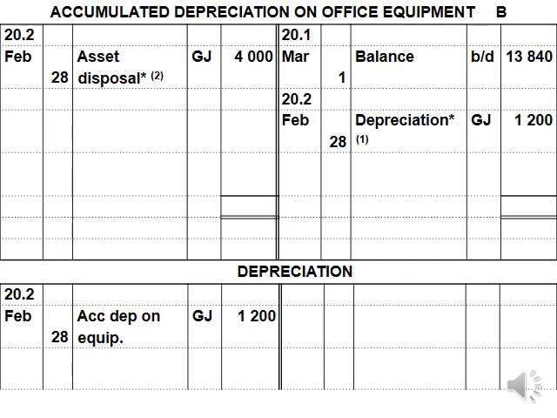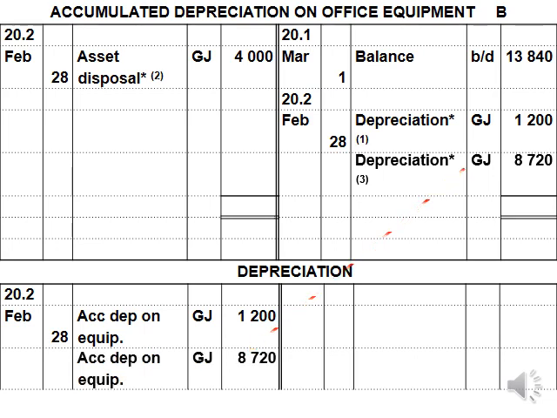Then we also have the depreciation on the remaining assets, 8,720. So we credited accumulated depreciation and we debited depreciation. Now, please note, we have 2 entries for depreciation on the credit side of the accumulated depreciation account.